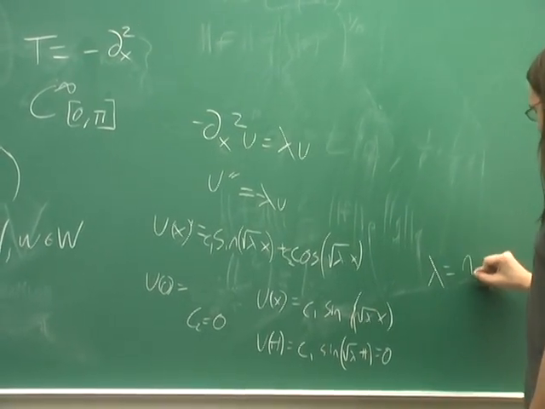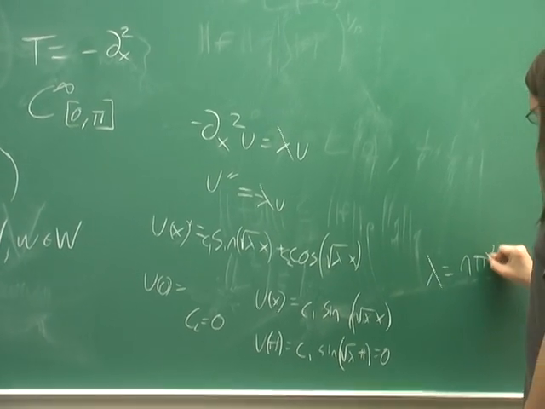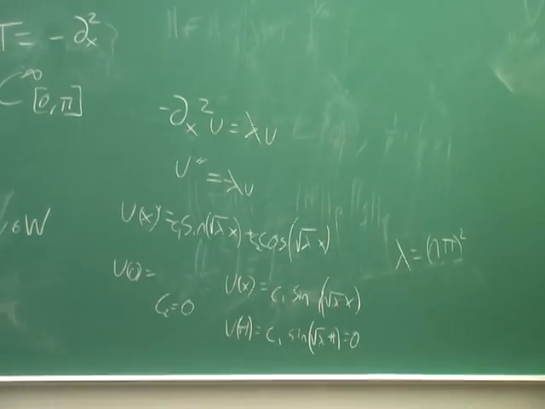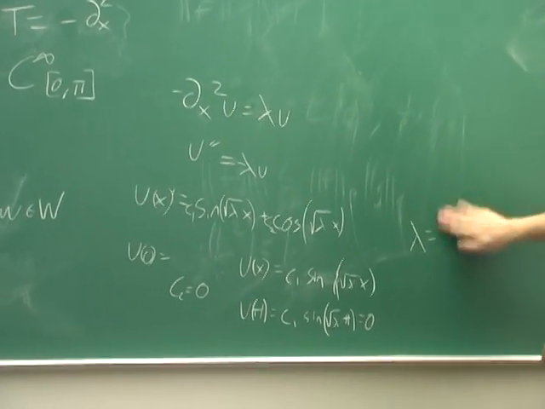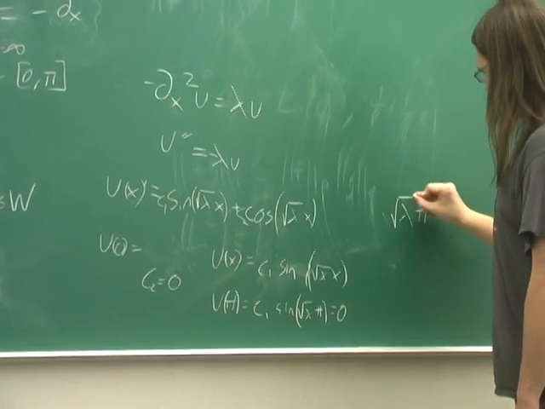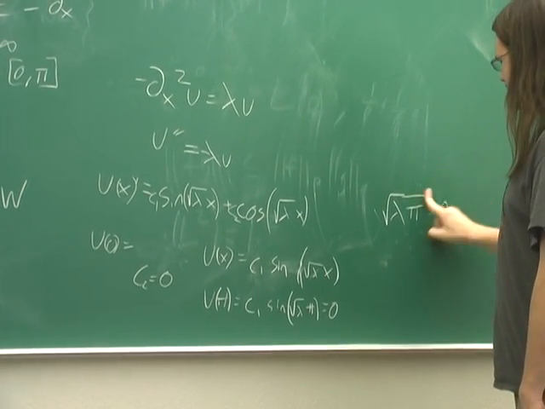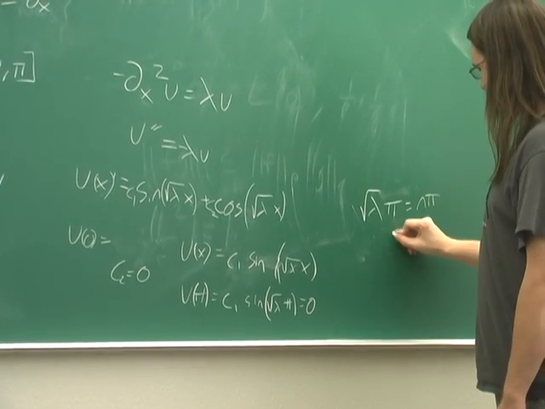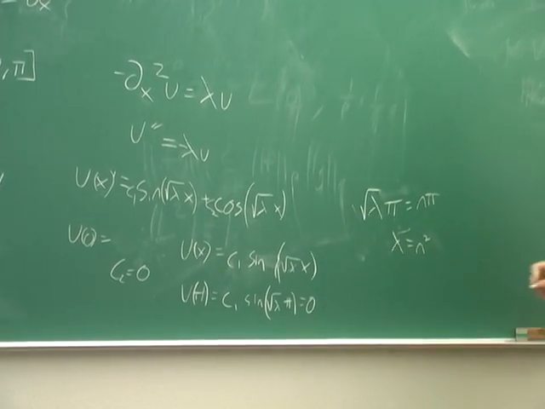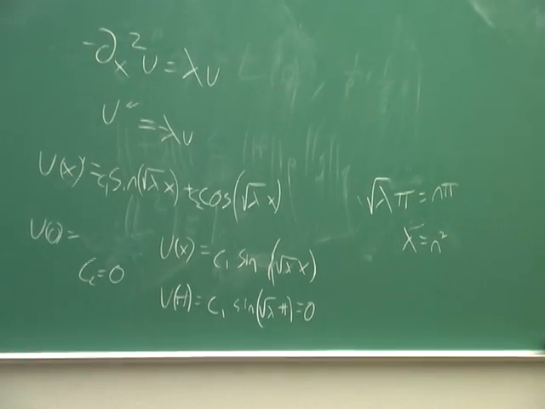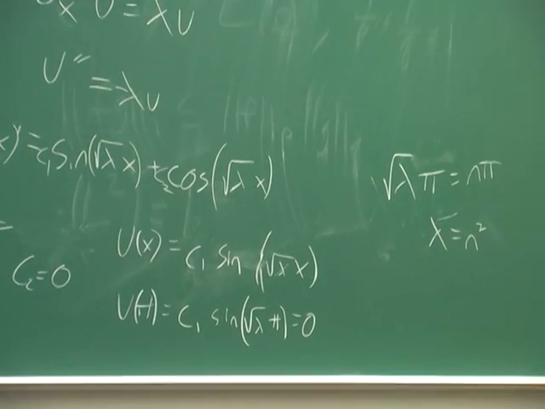Just write square root of lambda pi is equal to n pi, right? So lambda equals n squared. And n is what? All integers, including 0.